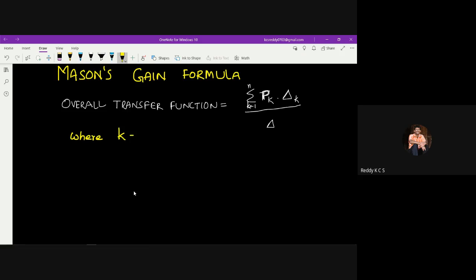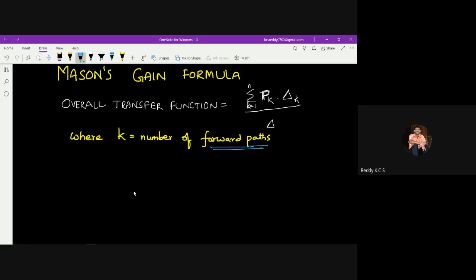k is equal to the number of forward paths in the signal flow graph. Yesterday we discussed what is meant by forward path, among the terminologies.